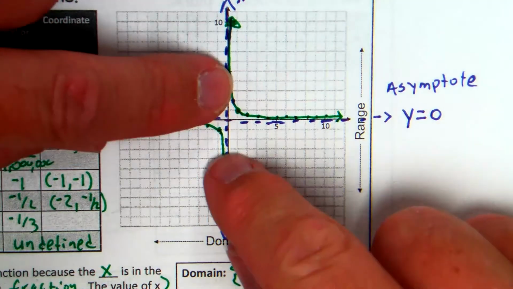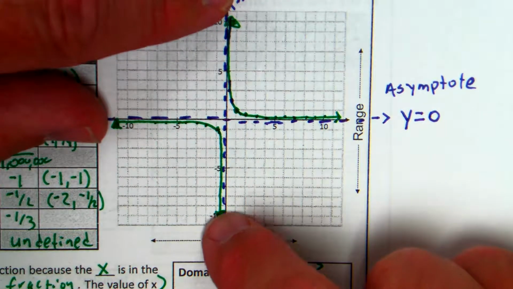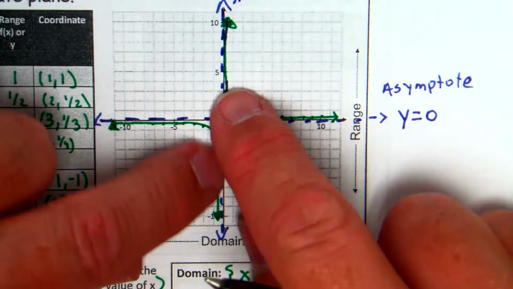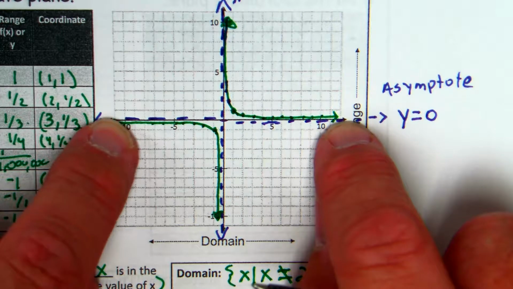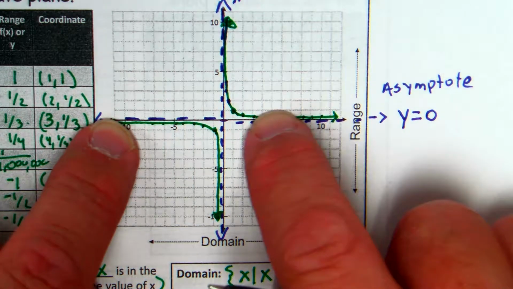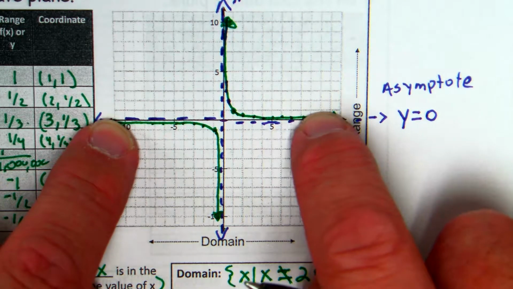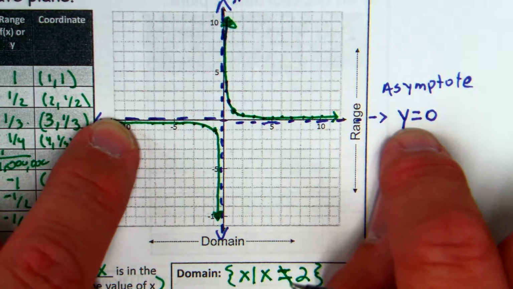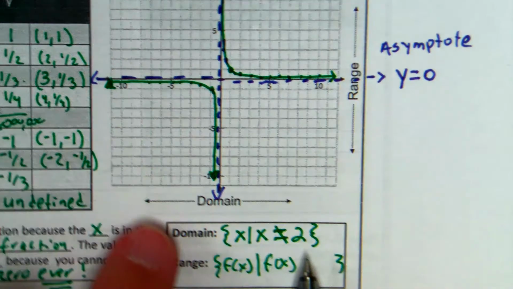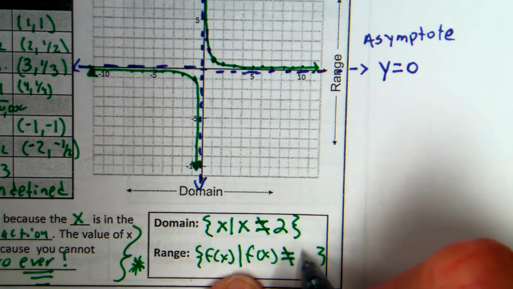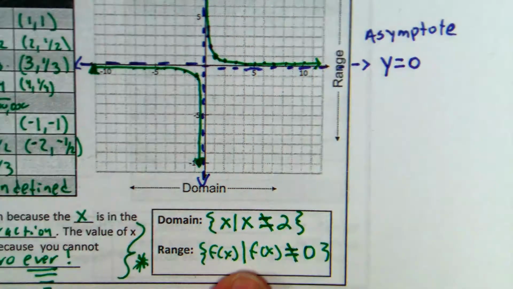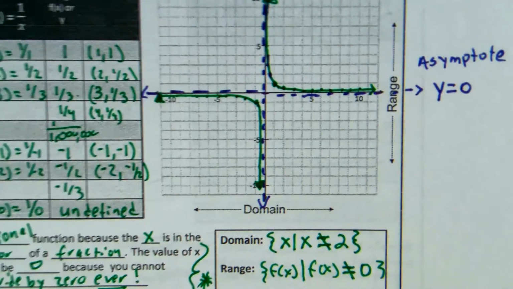It's going to go forever in both directions. If I come back toward the middle, though, you'll notice that it comes down and then it shoots out. It does not connect because y can never be a 0. That's what this asymptote says. So my y, or f of x, is anything as long as it is not a 0.